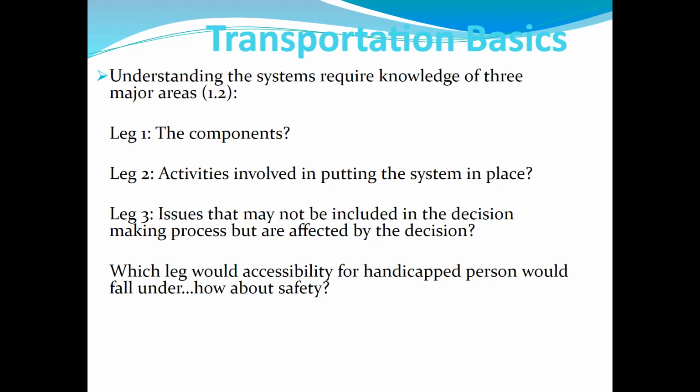We thought about accessibility once the Americans with Disabilities Act was passed, in the late 1980s through the 1990s, when these issues became more prominent. We started thinking about those issues. So this was something that we did after the fact, right? This was thought of as a leg three issue, but that's not the case anymore.